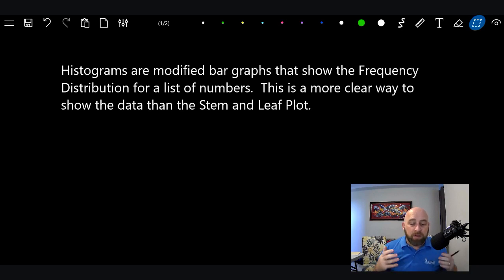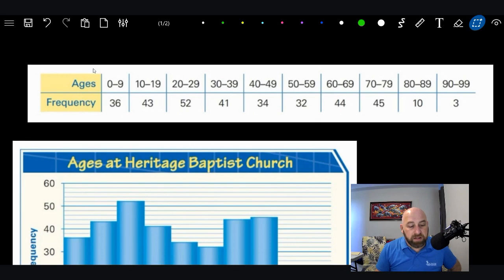If you had a stem and leaf with 300 or 500 entries, all of a sudden your stem and leaf would get big and hard to read again. This can handle bigger numbers, more categories, things like that. It's a little different, but it's handling the data basically the same way that the stem and leaf did. Okay. All right, let's take a look at this one.